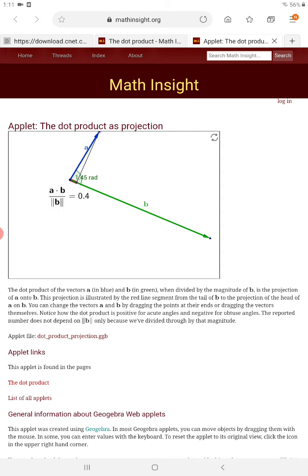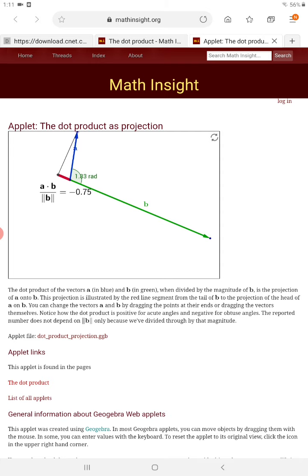So the angle between them is in radians, which means that in order for it to be 90 degrees, the angle between them would have to be pi over 2, which is approximately 1.57 radians. So I've made it exactly 1.57 radians, a 90-degree angle between a and b. And what do we notice about the dot product between a and b? It's equal to 0.